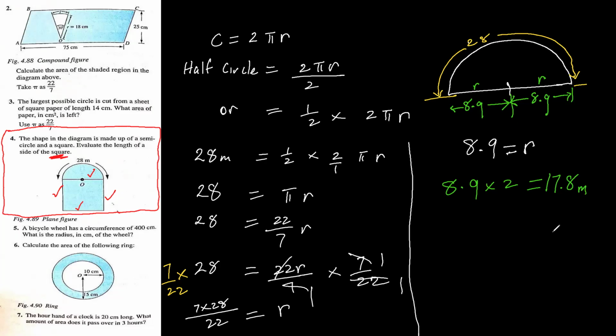I'm going to give you all 3 questions to do, which is question 6. Question 6 says, calculate the area of the following ring, which is the shaded part. So what you have to do is find the area of the large circle minus the area of the small circle, and that will give you the area of the ring.